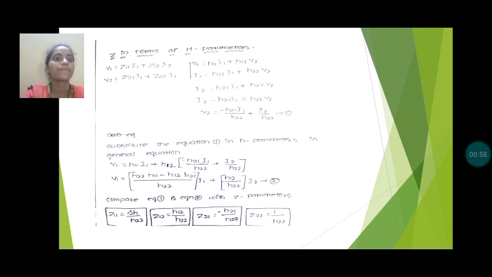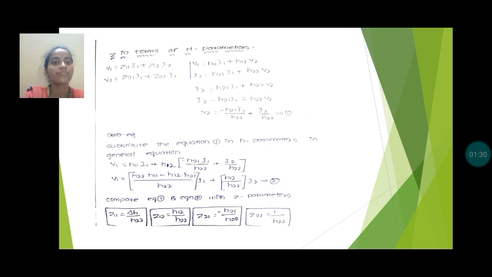H parameters are V1 equals H11 I1 plus H12 V2, I2 equals H21 I1 plus H22 V2. Here I2 minus H21 I1 equals H22 V2. So V2 equals minus H21 I1 by H22 plus I2 by H22.